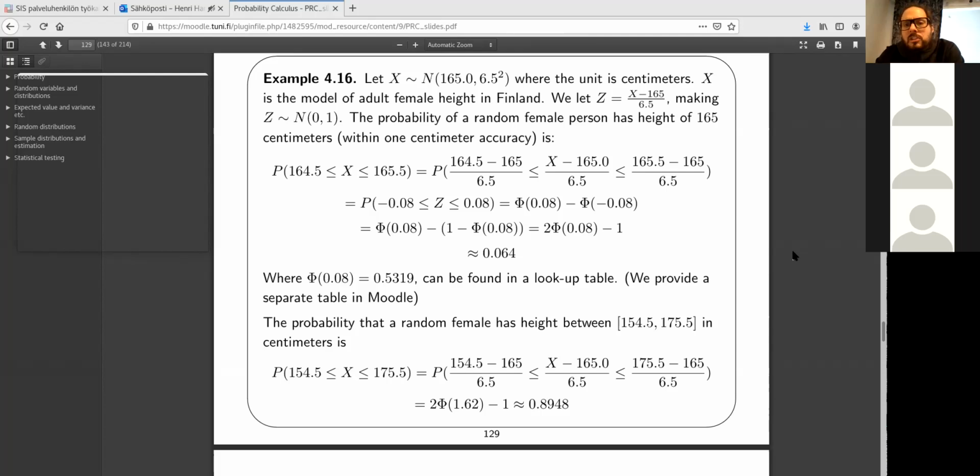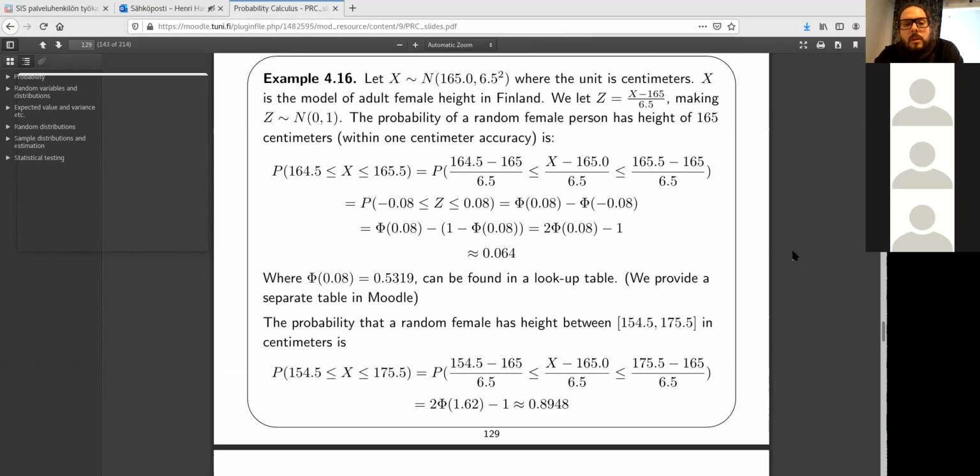So we generate this random variable Z. We often mark this N(0,1) variable as Z. The normalized variable is often denoted with Z. So we subtract the mu, 165, and divide by sigma, 6.5. We want to calculate the probability that a random female person will be registered as having a height of 165 centimeters within 1 centimeter accuracy. So it's really the probability that their true height is between 164.5 and 165.5.